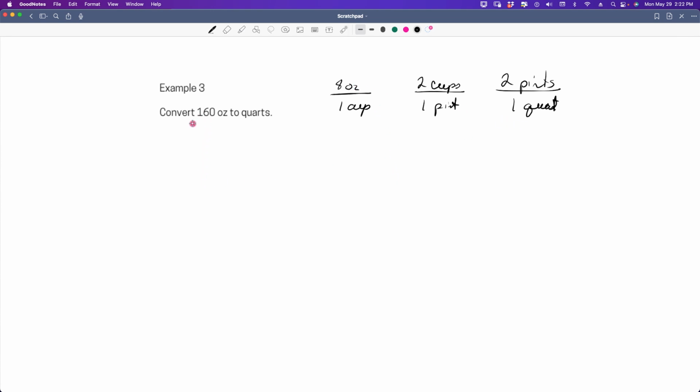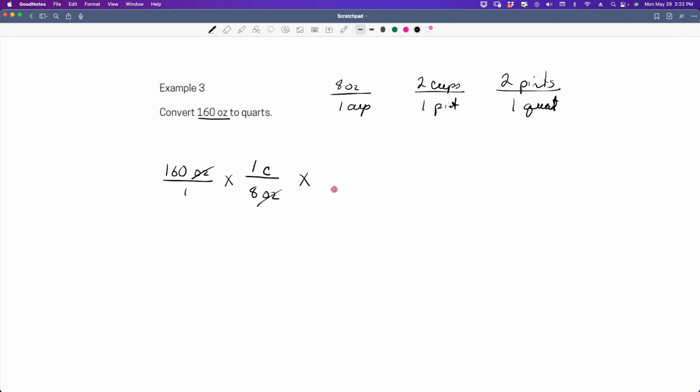So that's what we're going to do. I'm going to turn 160 ounces into its own fraction. Then I'm going to multiply to go to cups. So that means I've got to put ounces on the bottom. So 1, I'm just going to say C for cup, and then that'd be over 8 ounces. Those are equivalent values. That cancels ounces and turns this into cups.